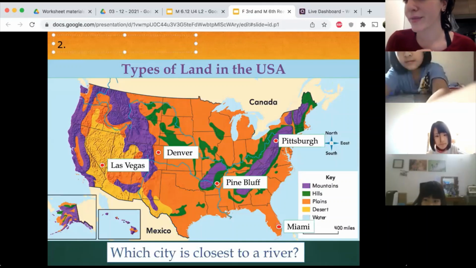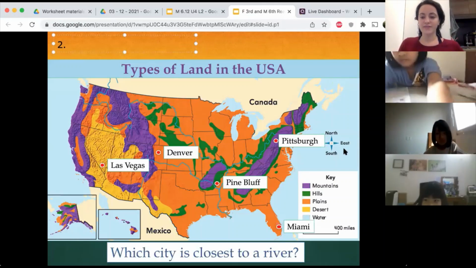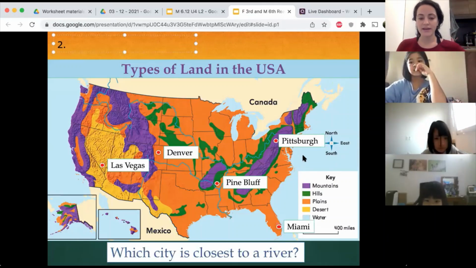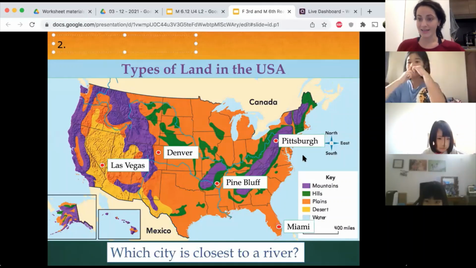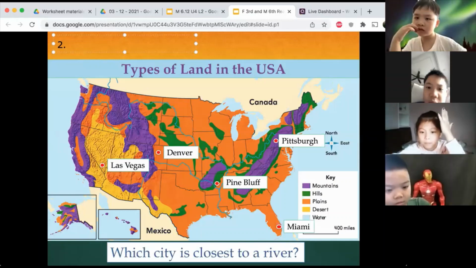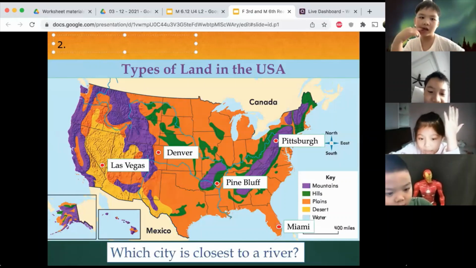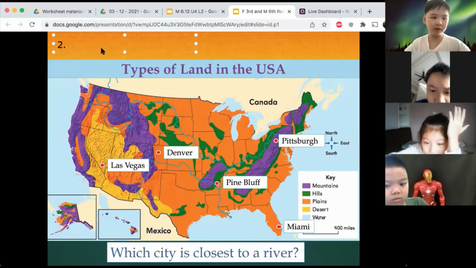I just didn't hear you. Look at the rivers. Which red dot is closest to the river? It's okay if you're wrong, just take a guess. Minghui? It is Pine Bluff.